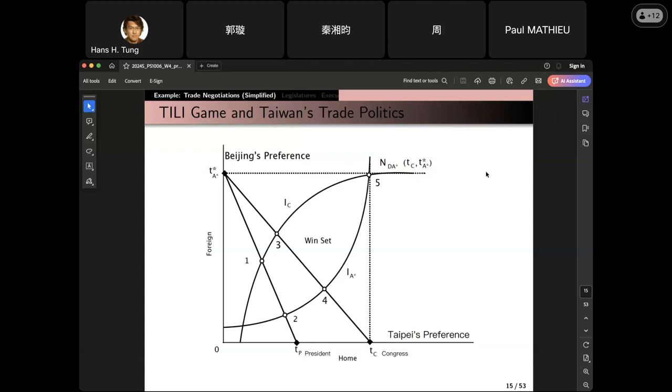I forget if I said anything about that last semester, but misperceptions, as a topic is very interesting, right? Because it's not enough to say people have misperceptions, but we want to understand the sources of misperceptions and what kind of misperceptions people might have, right? So in this case, the president might not be that well versed in analyzing the preferences from the Congress.